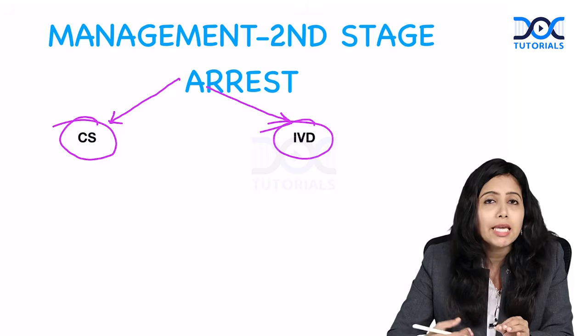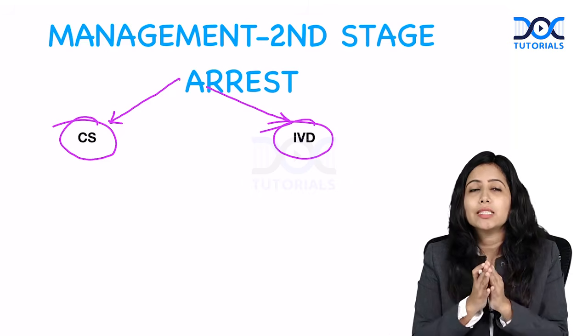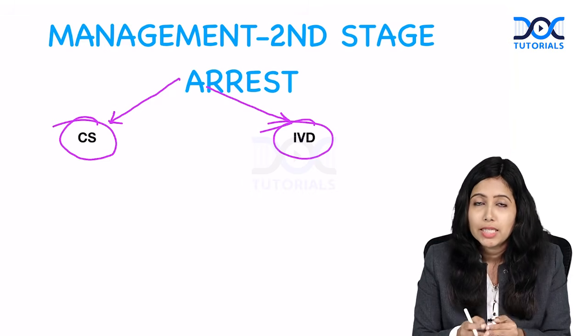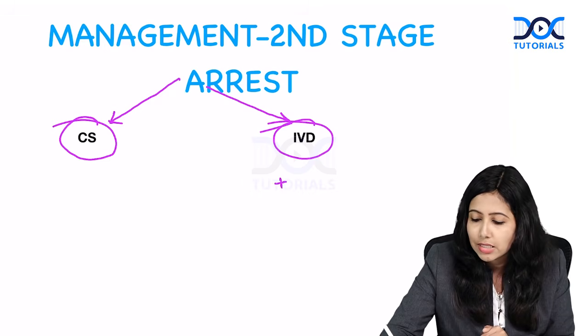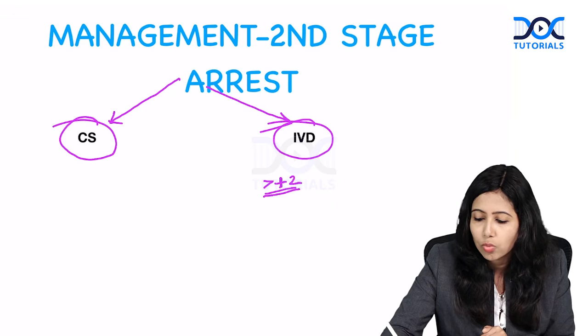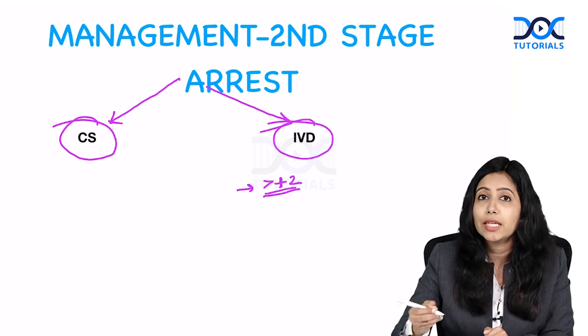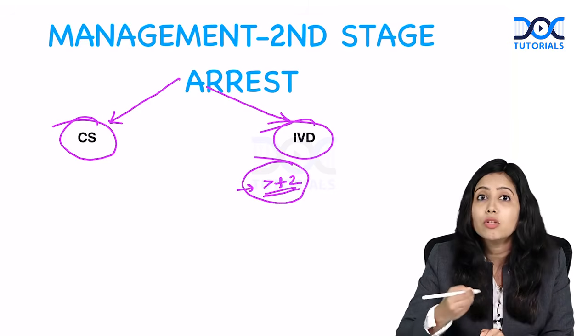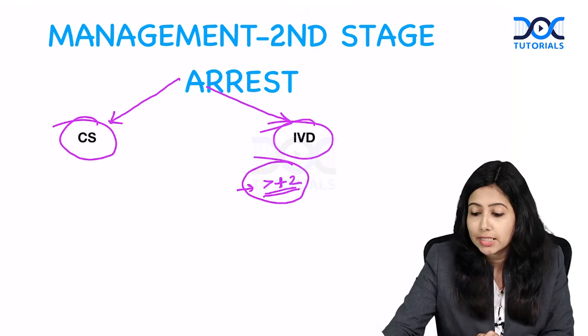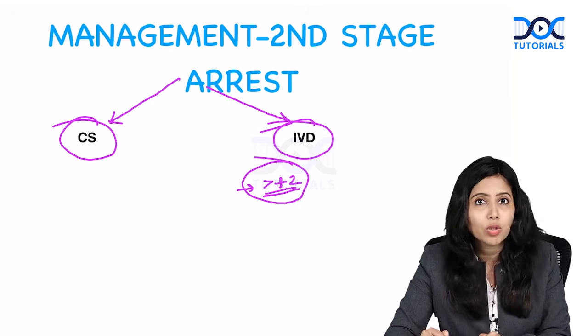In cases where the head has come down, that is, the station of the head is +2 or more, then we can try for an instrumental vaginal delivery, either forceps or a vacuum.